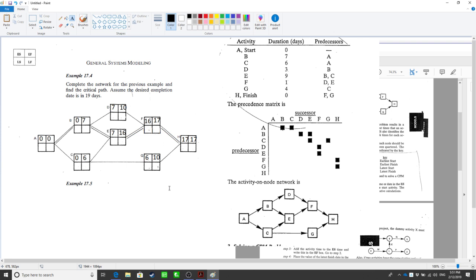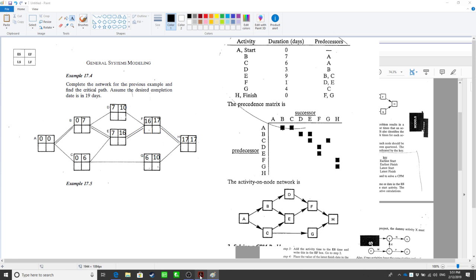We try to check which activities have been enabled. Then we put the largest number of its predecessors' EF into its ES. All right. Yeah, I feel this way it will give you a clear view of how to do this.